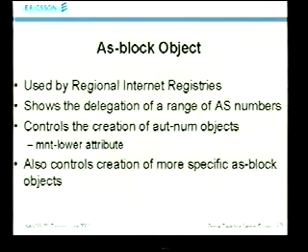So all you're saying here is this AS block object with this attribute controls who can create aut-num objects in the database. Once they're created, the maintainer, the owner of the aut-num object, can then change it. But this controls who can create it. It also controls the creation of more specific AS block objects. Remember, this is hierarchical object creation.